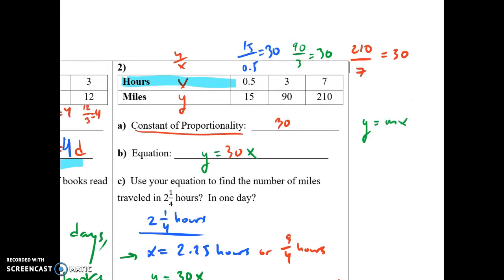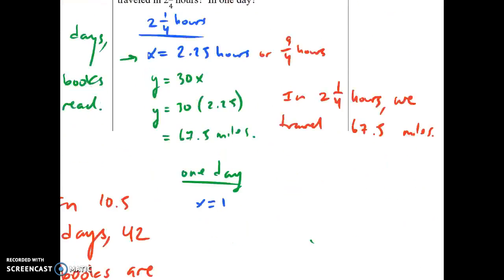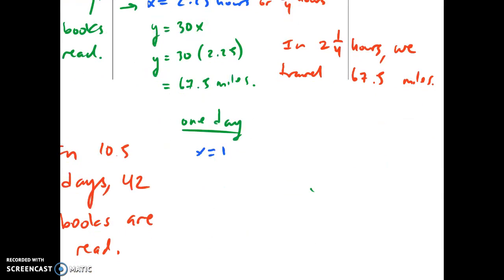But when we look at our table, our x value, once again, is written in hours. Alright, so we need to convert 1 day into hours. So instead of having x equals 1, it's going to be x equals 24 hours, right? Because 24 hours represents 1 day.